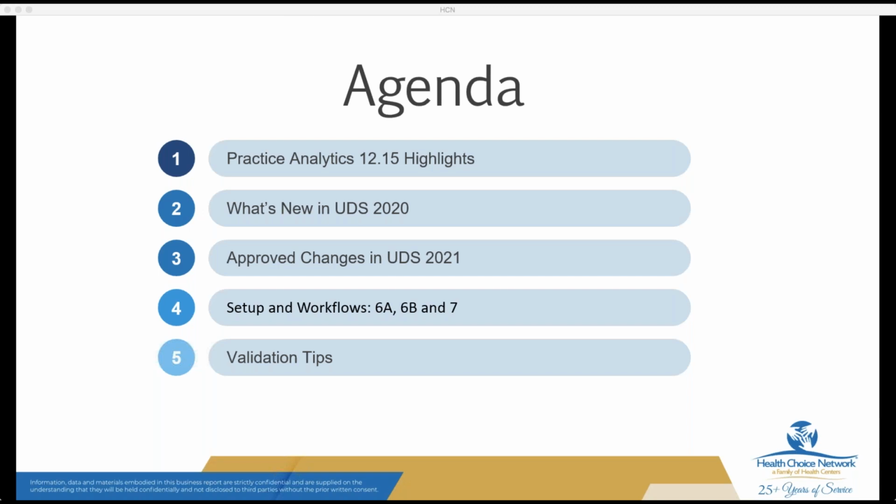This is more about workflows in Intergy and how the numerator and denominator criteria would be met in the different areas of the EHR. And last are validation tips that I would like to share with you. These are strategies to help with reporting ease and things you should know about using PA and the data that you see using it.